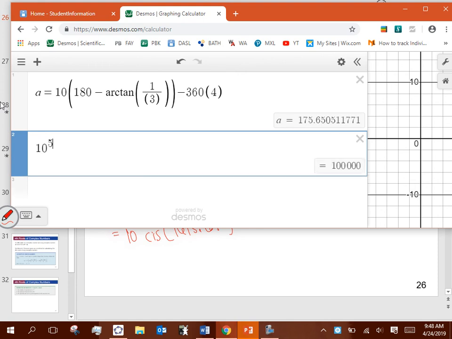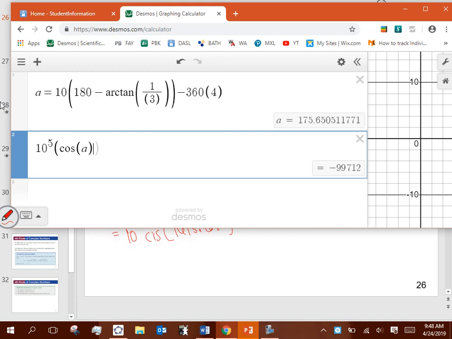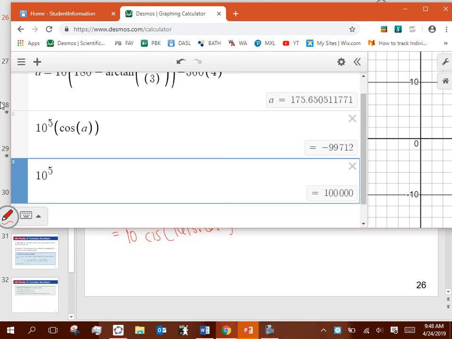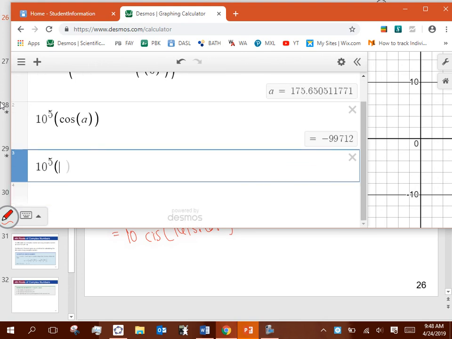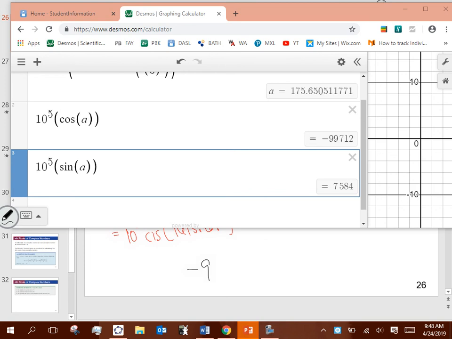You see that is 100,000. Okay. And then we're going to go cosine of A. So there's that value. That's your A value, right? And then we'll go 10 to the 5th times sine of A. And there's my B value. So this thing turns into negative 99712 plus 7584.